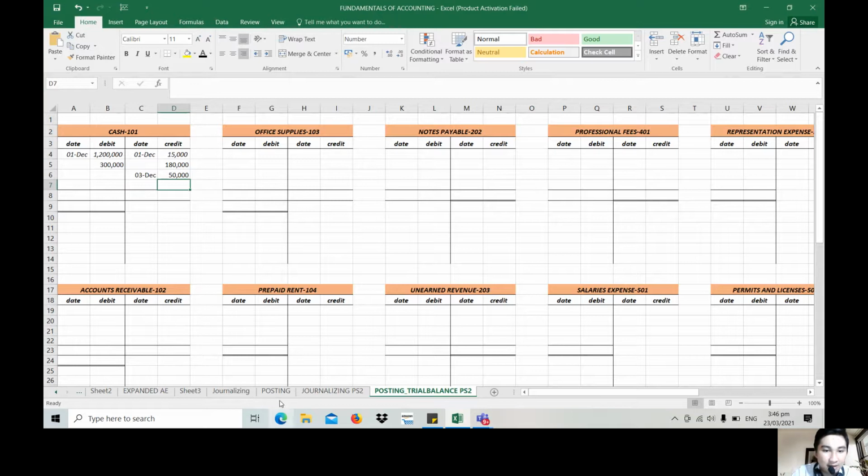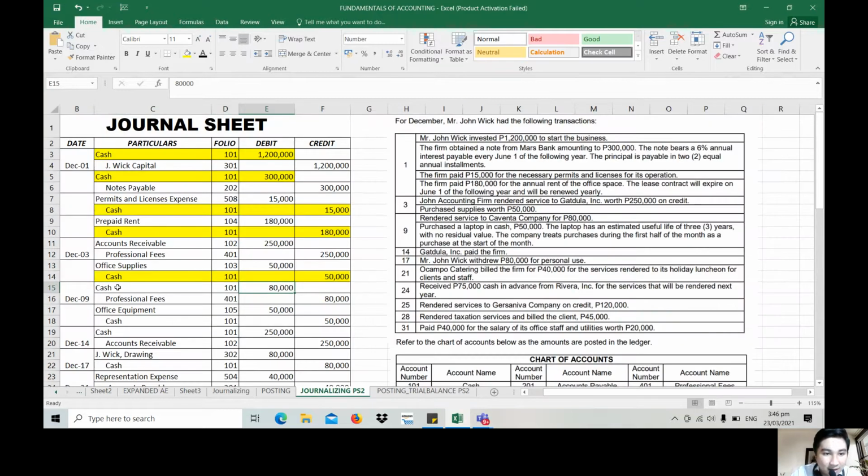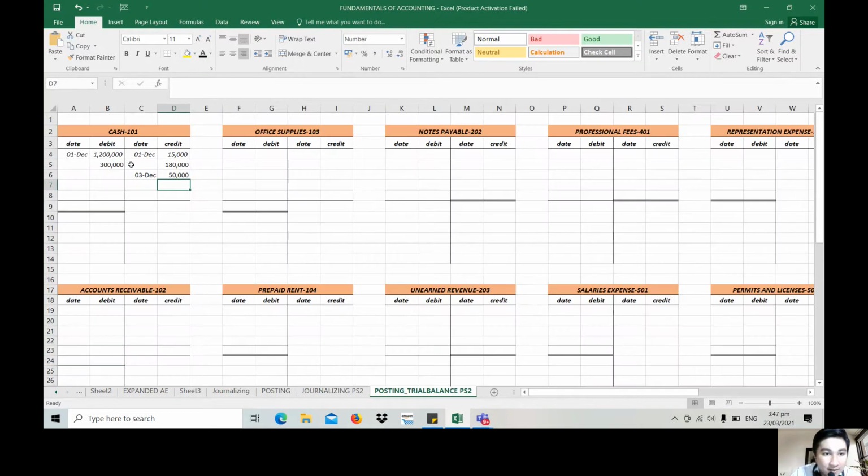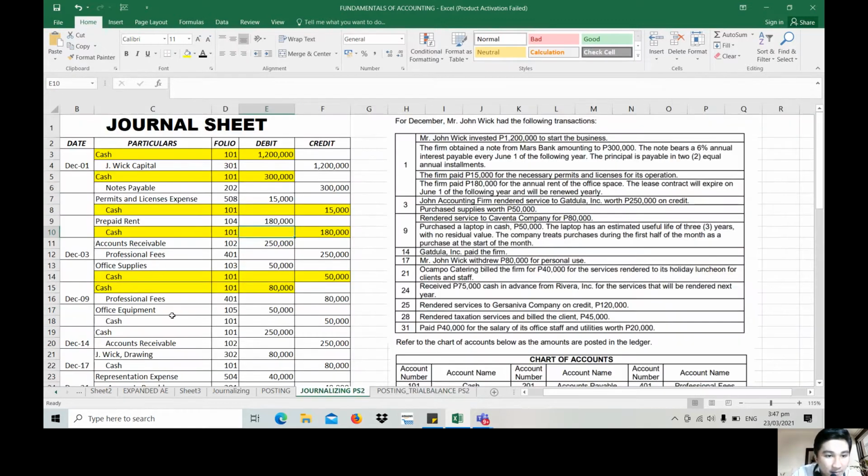Okay, double check lang natin. 50,000. Another debit, meron tayong debit na 80,000 December 9. Okay, December 9, 80,000. So dito, yan, 80,000. Okay, asan pa ba?